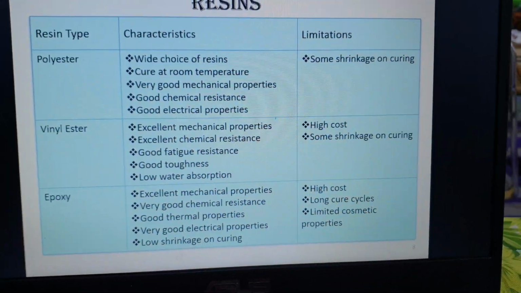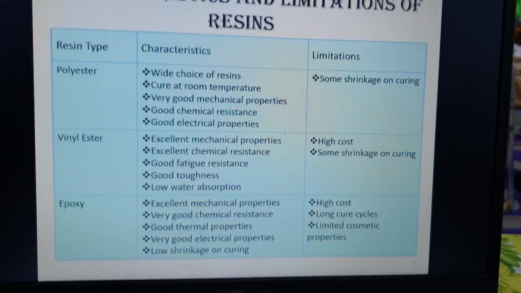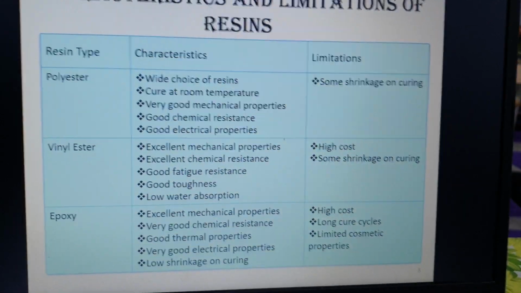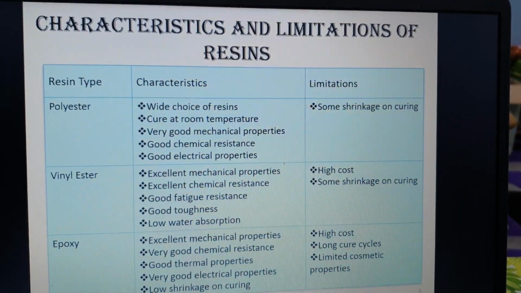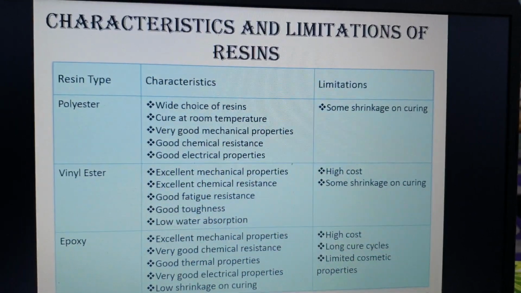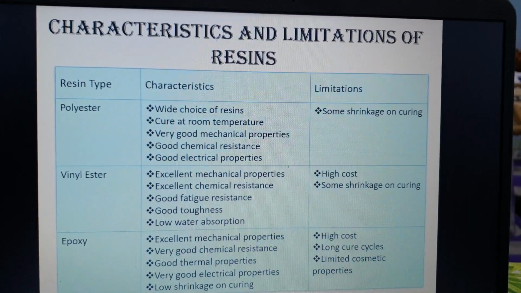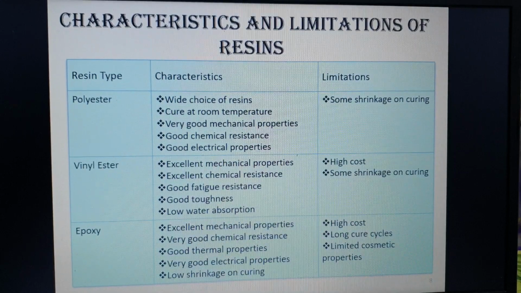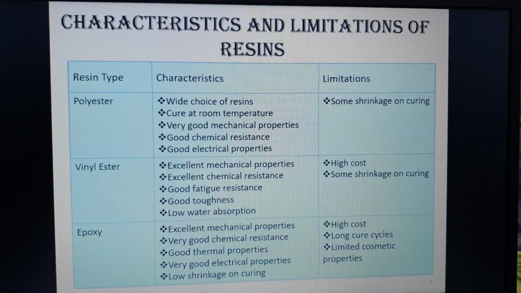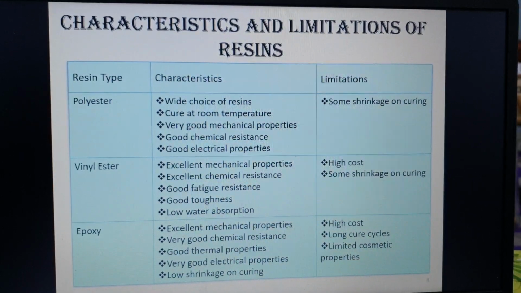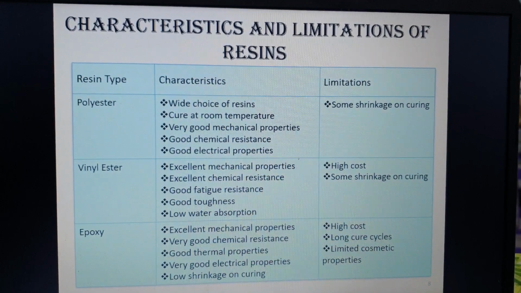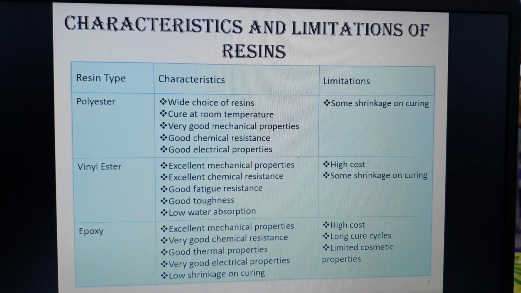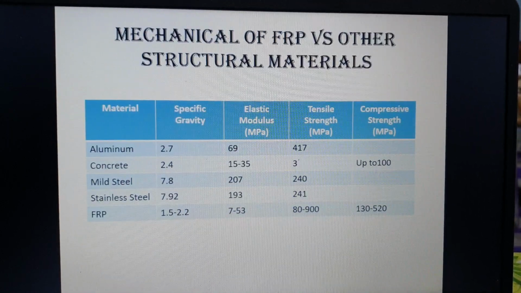You have other resins, for example vinyl ester and also epoxy. Right now a lot of material uses epoxy because it is very easy to work with, and in terms of aesthetics, epoxy is also an excellent material to be used.